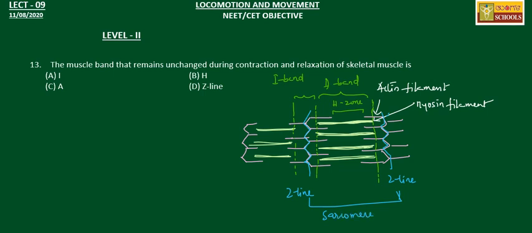And during the contraction, these actin filaments will move towards each other, and this results in reducing the H zone. It also results in reducing the distance from Z line to Z line, so this distance also gets reduced.